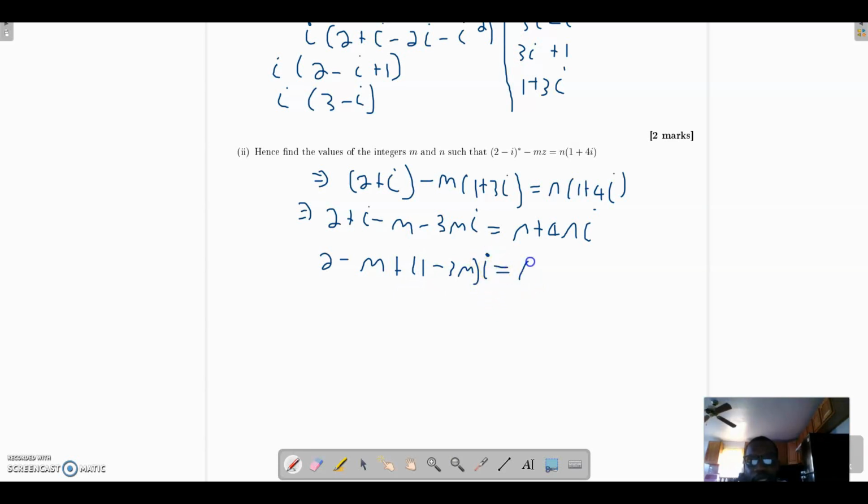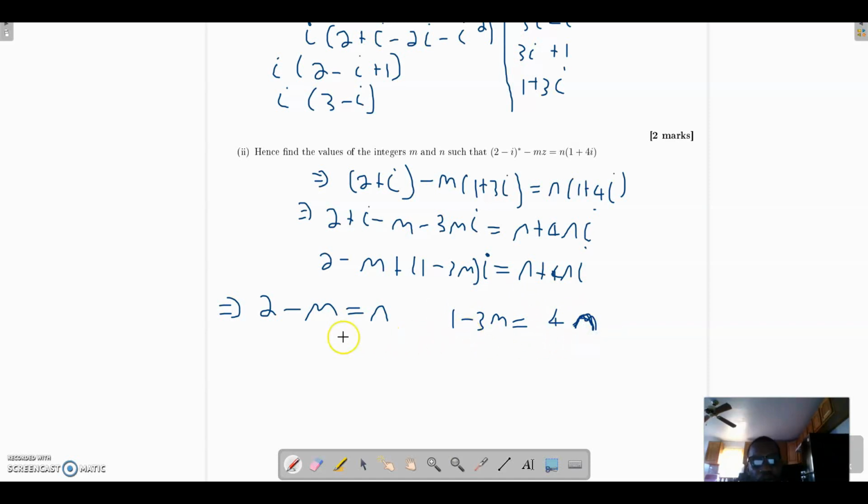This is equal to n plus 4ni. Good. Now the real part on the left is 2 minus m. So we can say this implies that 2 minus m is equal to the real part on the right, which is n, and the imaginary part on the left, which is 1 minus 3m, is equal to the imaginary part on the right, which is 4m. Oh, not 4m, rather 4n.